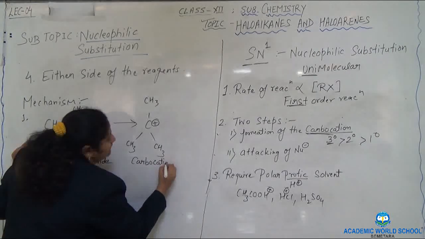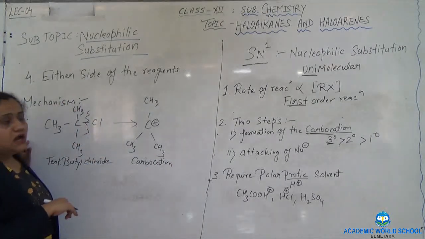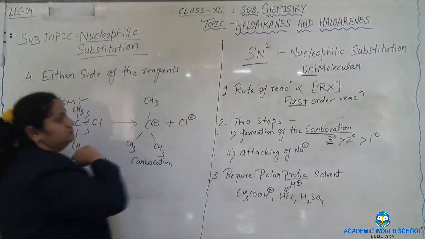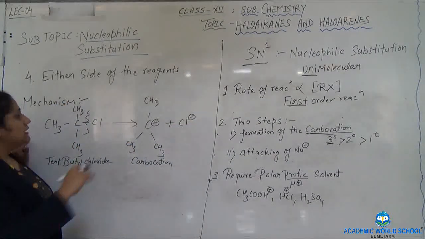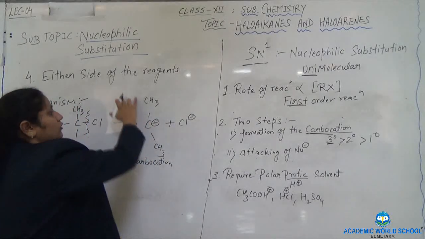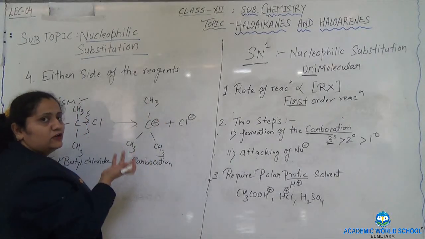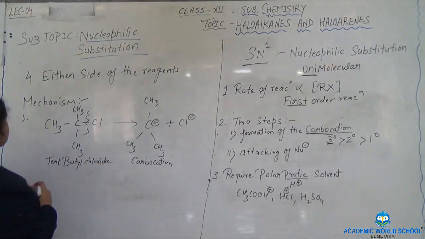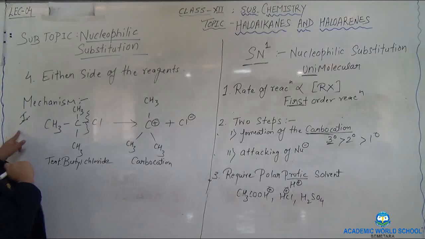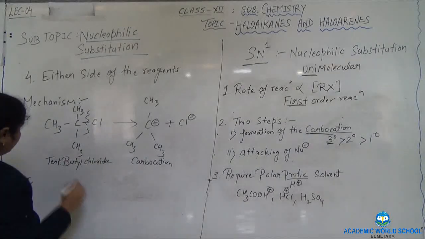This is the first step, which is formation of the carbocation, and Cl minus. As chloride ion is not there in the carbocation, the nucleophile will attack from either side of the carbocation.